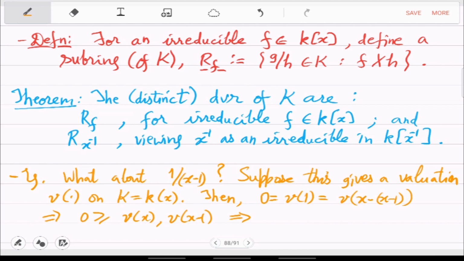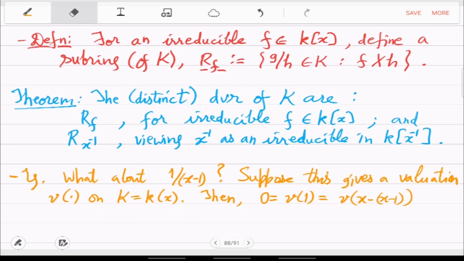Is that giving a contradiction? The valuation of 0 is defined to be infinite. The contradiction will be that here it will be 0, because somehow v of x minus 1 is measuring the order of the 0 at x equals 1. But then the constant polynomial 0 doesn't have any 0.